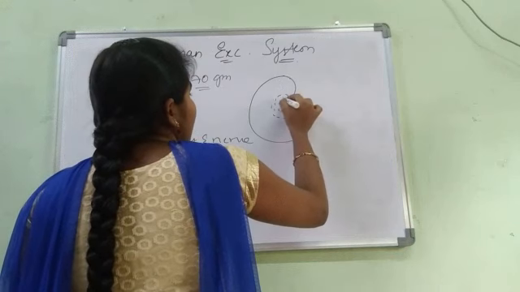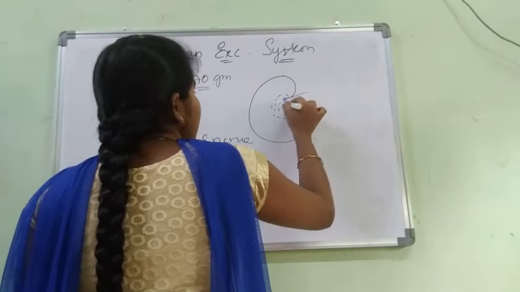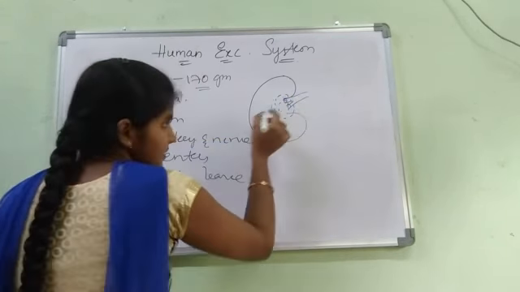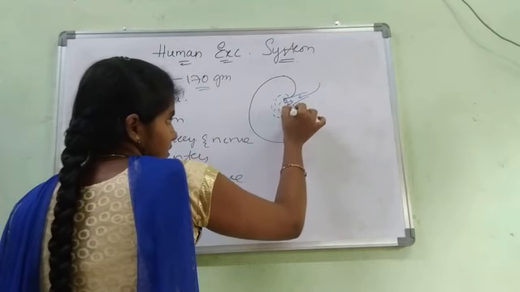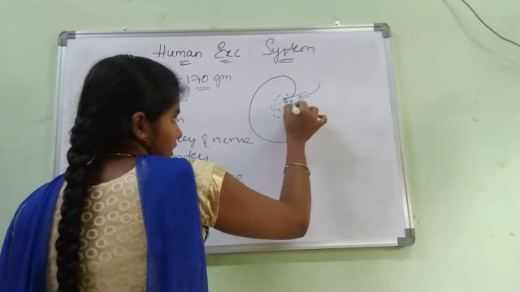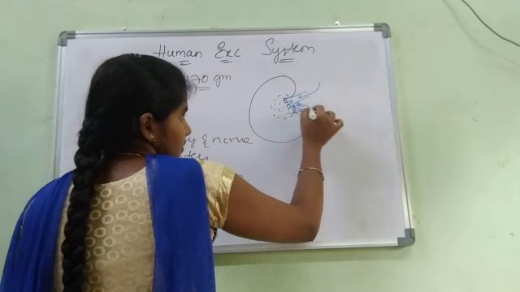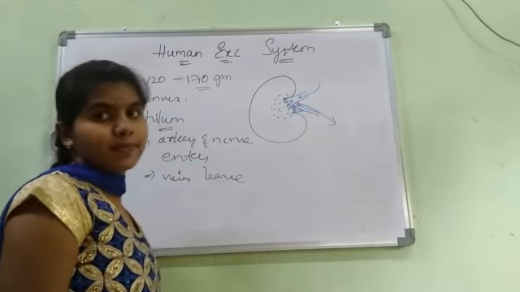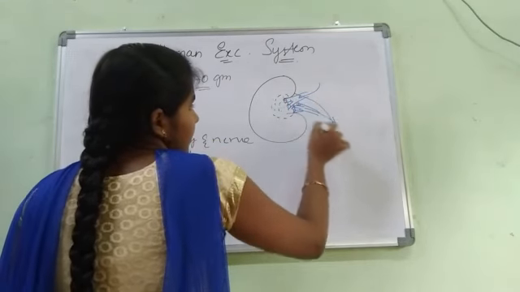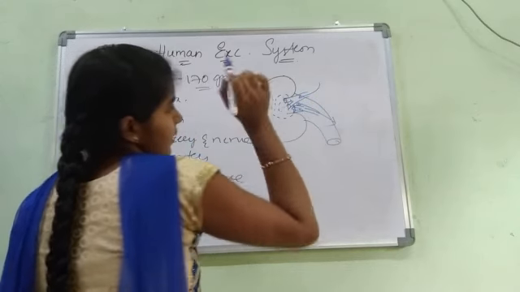Here arteries enter and veins leave. Okay, and this is the ureter.